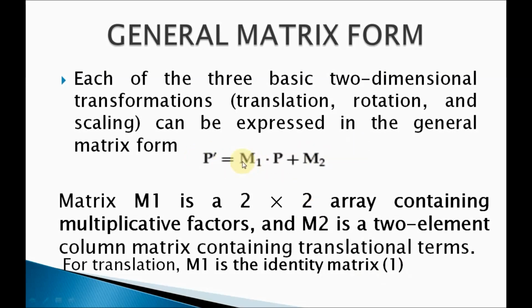I can represent my rotation or translation or scaling by using this general format only. I can make some changes and represent different transformations in the same equation, the same general format.